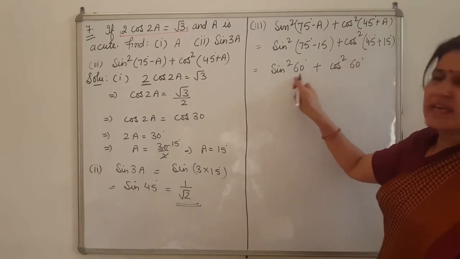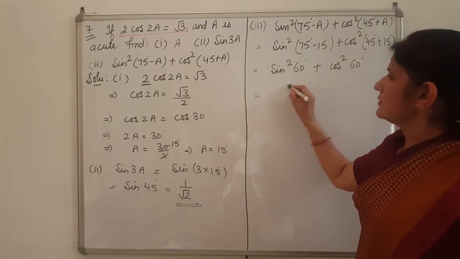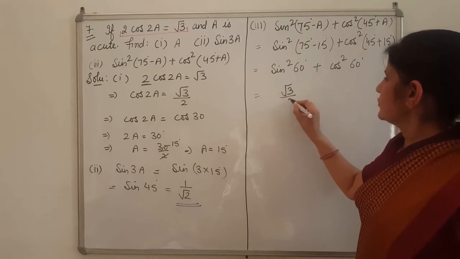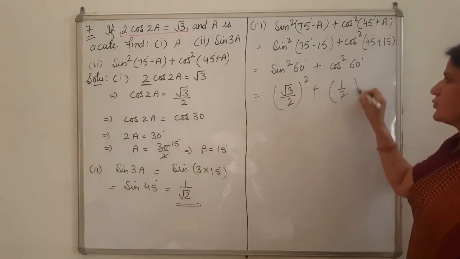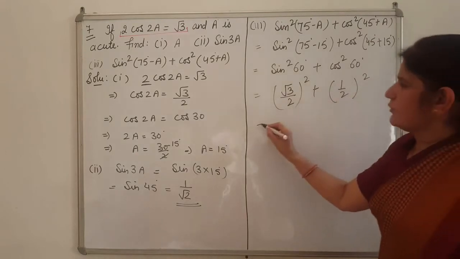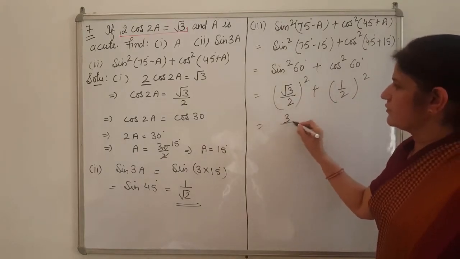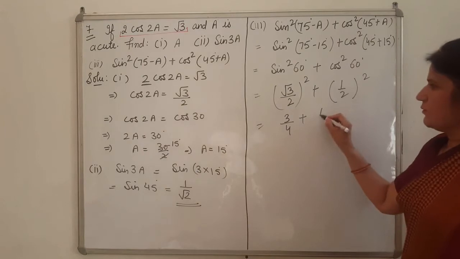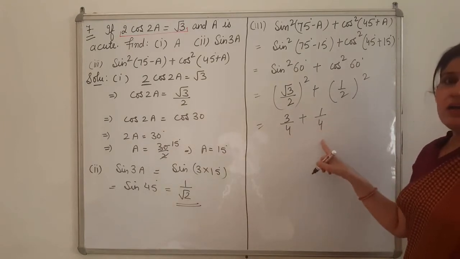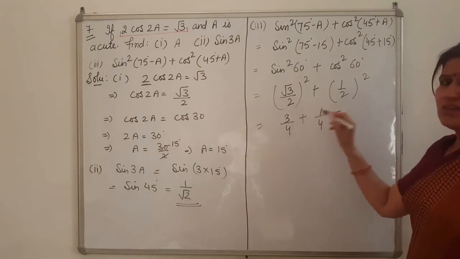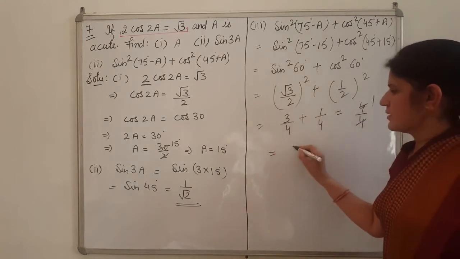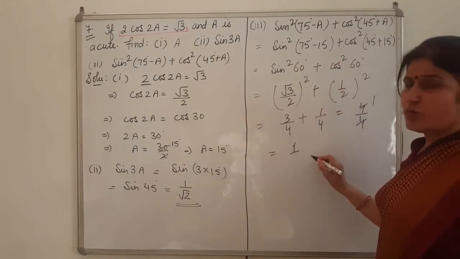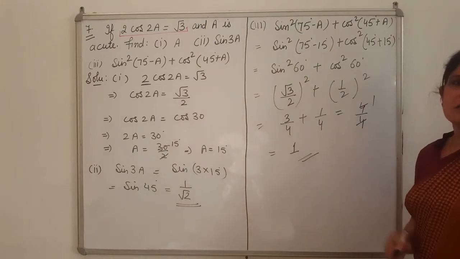Now we substitute sine 60 as root 3 over 2 and cos 60 is 1 over 2. When you take the square, what do we get? 3 over 4. Here 1 upon 4. Both are like fractions. You add 3 plus 1 is 4. You reduce it. So its value is equal to 1 and this is the answer.